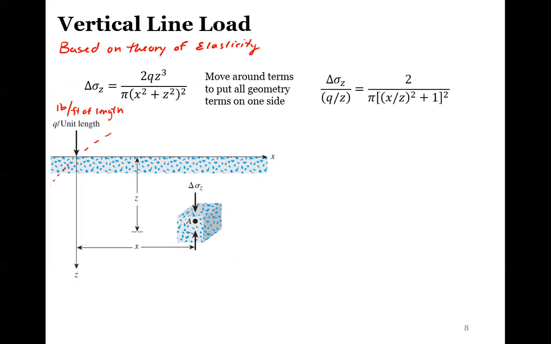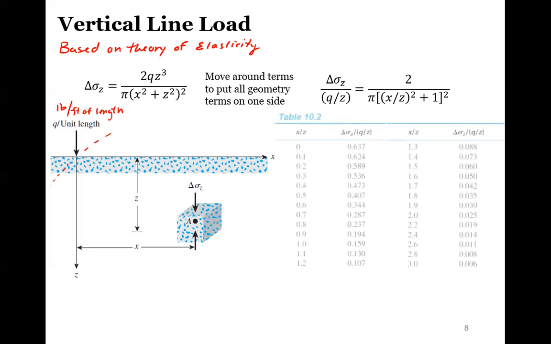What we see is we can move this around, and we can solve for another wonderful little influence line. Instead of calling it an influence line, we basically just say this X and Z here is a function for vertical.